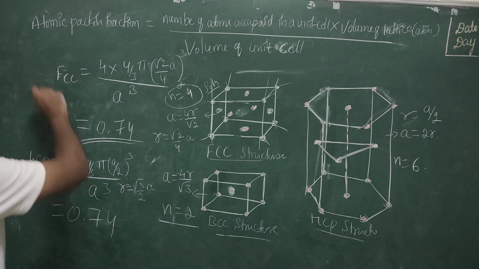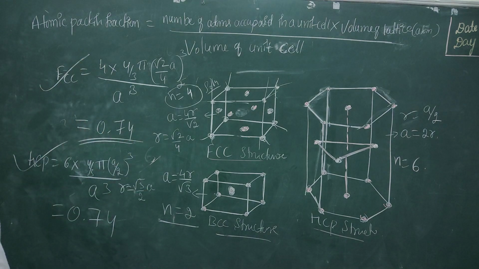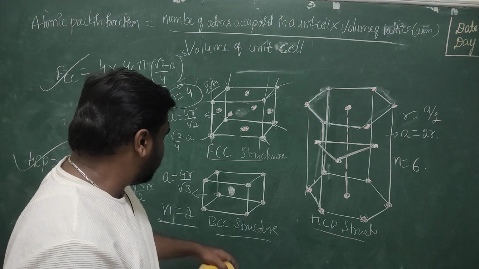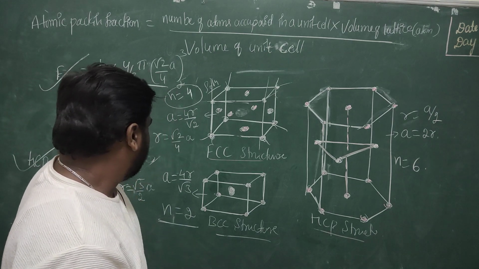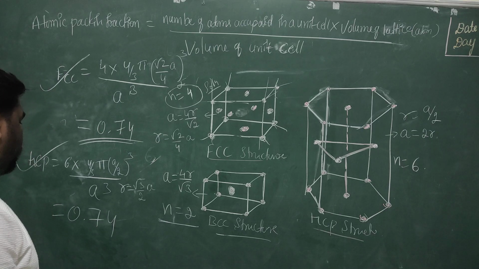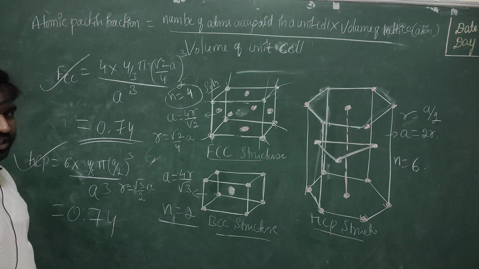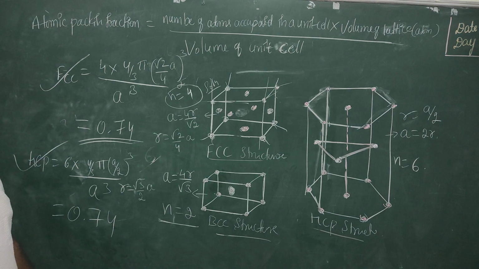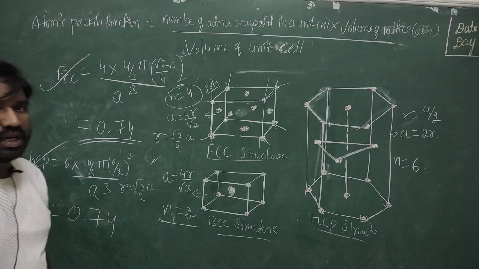So the answer is FCC and HCP have the same packing fraction. If we calculate for BCC, you will get approximately 0.64, or 0.62, in that range. So these two are the correct options. I think option number C or D.